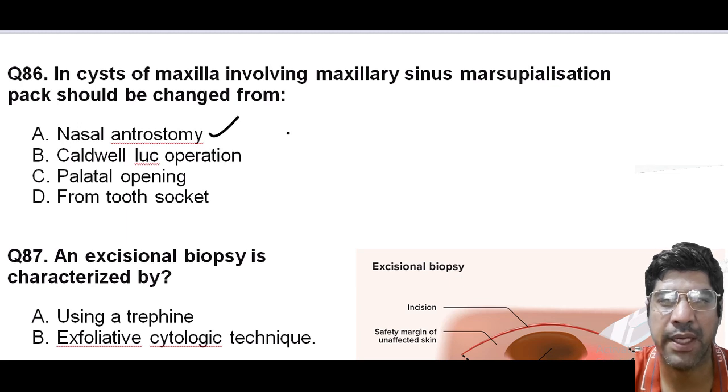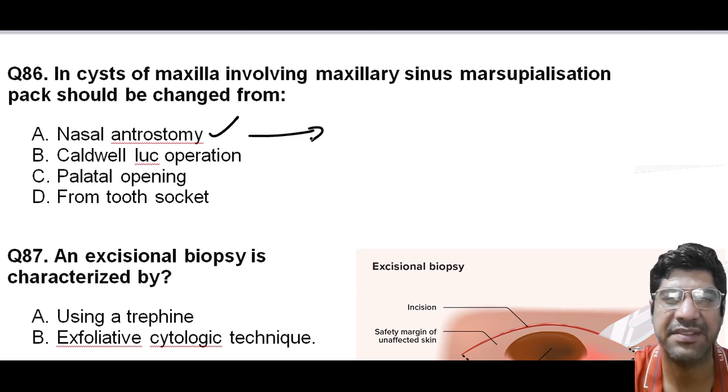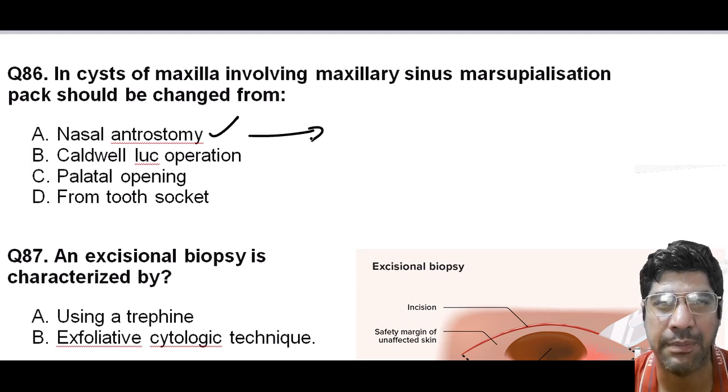That is done to encourage the growth of the nasal epithelium, which is similar to the antral epithelium. The nasal epithelium, we know, is ciliated pseudostratified columnar epithelium, which is more similar to the lining of the maxillary sinus.